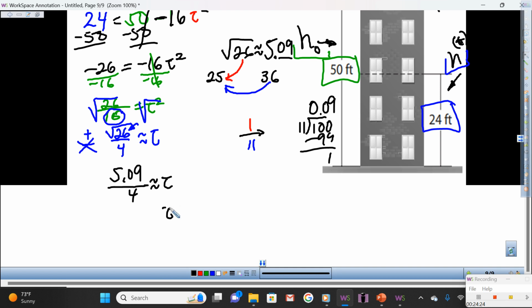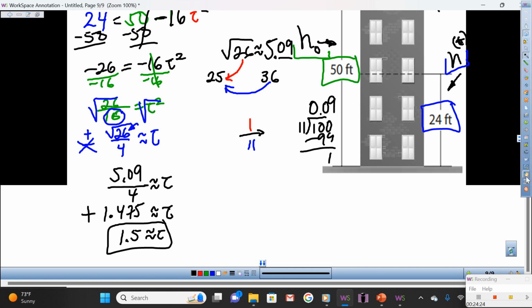Approximately, what is our time? 1.475, that's a positive second, which is close to what, guys? 1.475 is close to what? Close to 1.5? So let's round it to 1.5, just so that we have that idea in our noodle.